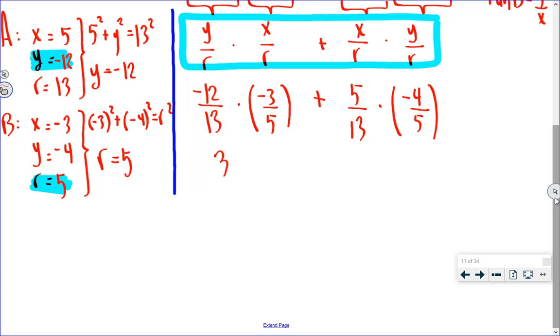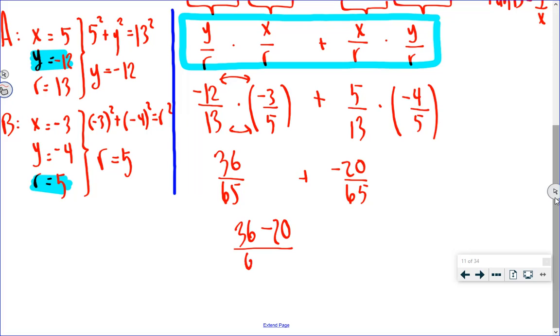This works out to 36 over 65. I know you want to use your calculator, but I just multiplied across the top, multiplied across the bottom. Plus, you get negative 20 over 65, which means it's 36 minus 20 over 65, or 16/65.